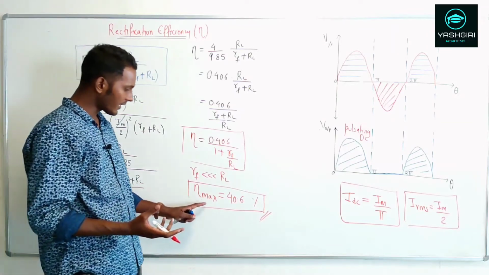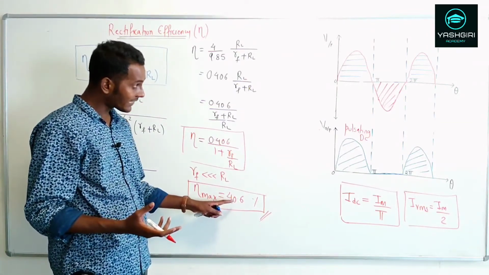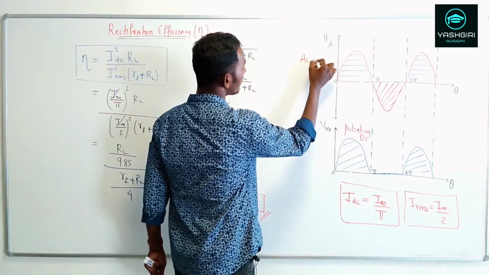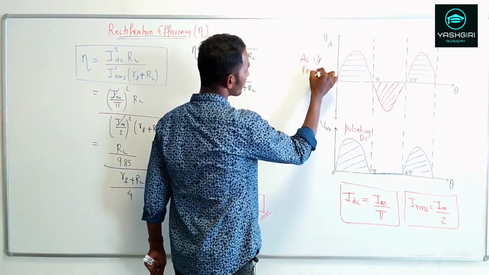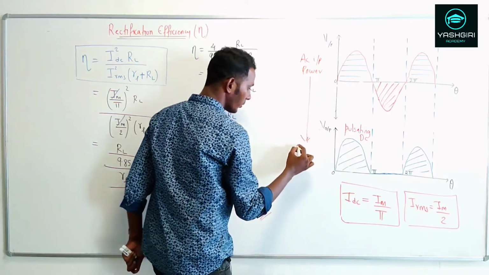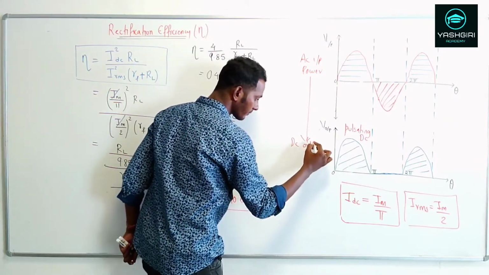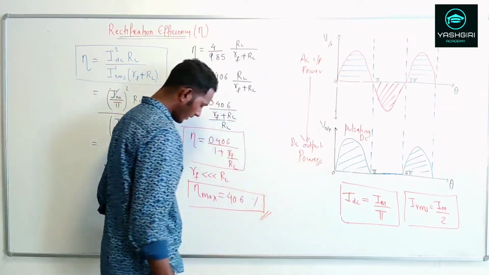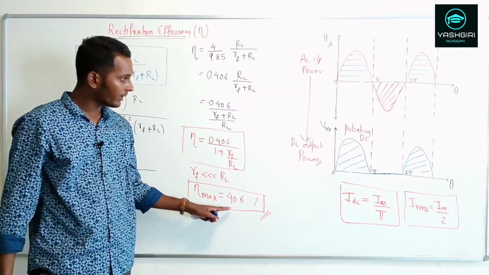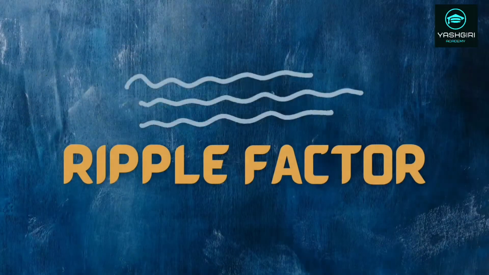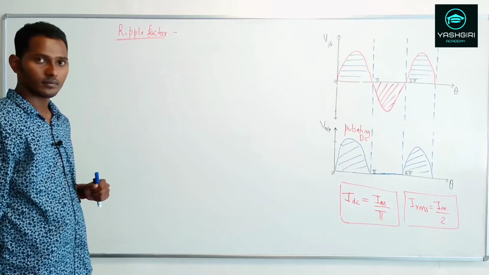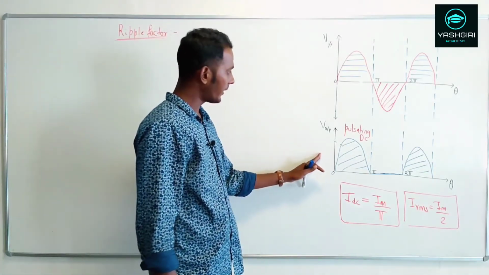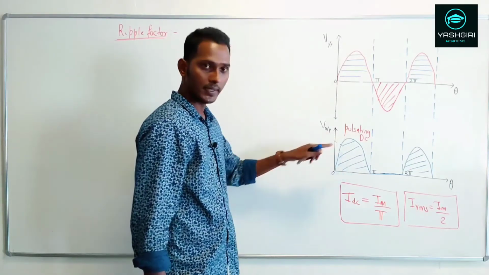Or else what you can say is that 40.6% of the AC input power is converted to DC output power. Now, if you see the output waveform of a half-wave rectifier, it's a pulsating DC.